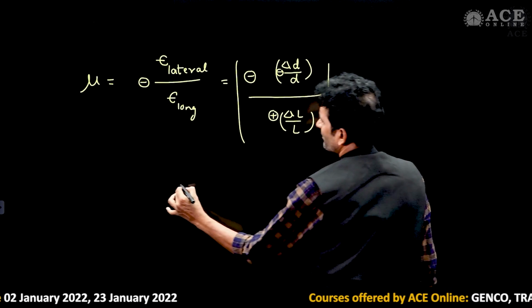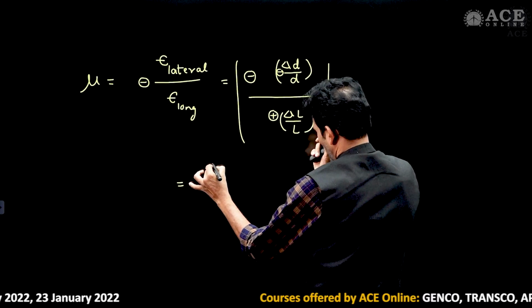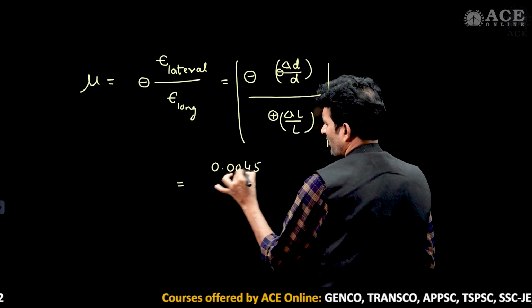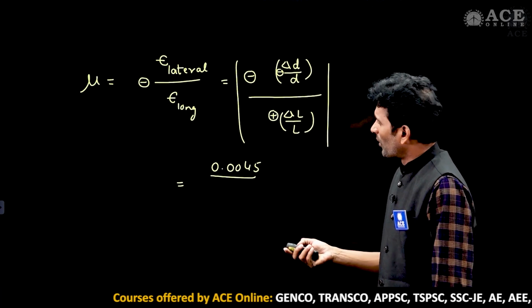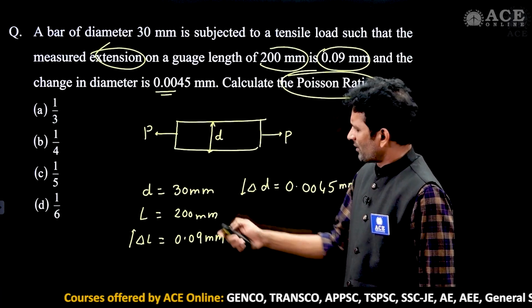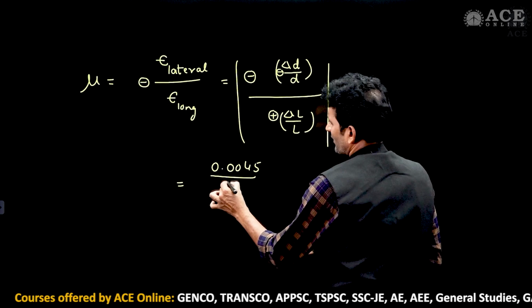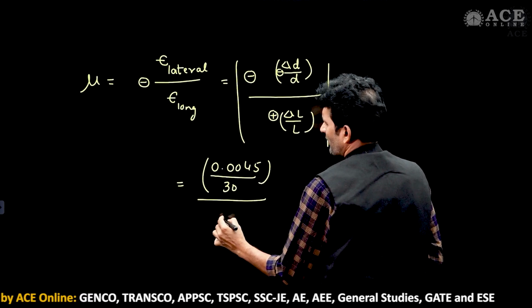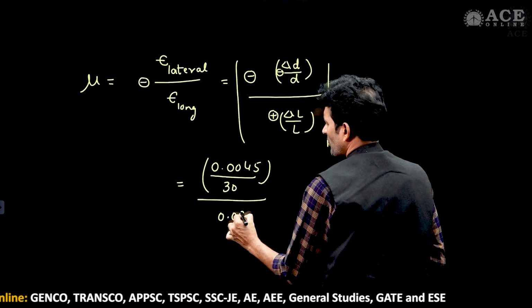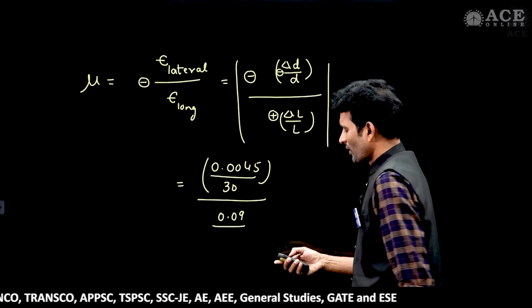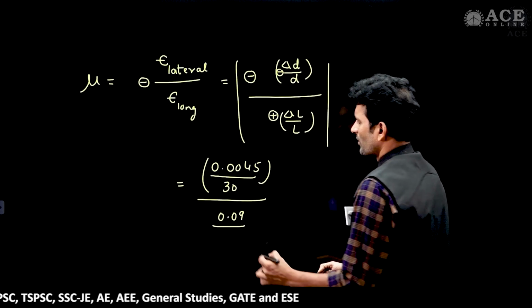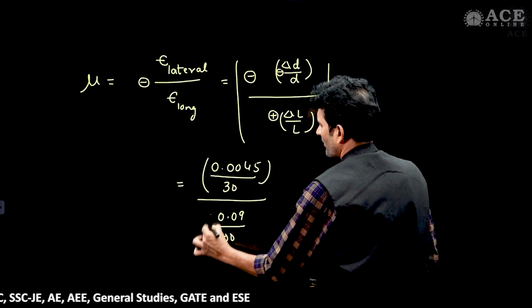So if I take this, what is the del D? Del D here is 0.0045, divided by the original diameter, 30, with a minus sign, divided by the change in length, 0.09 millimeters, divided by the original length of the bar. The gauge length is given as 200. 200 is the original length of the bar.